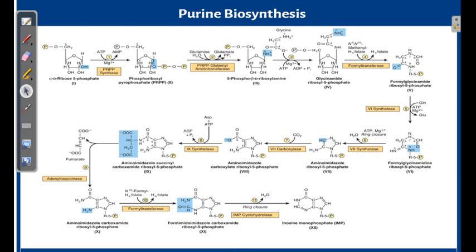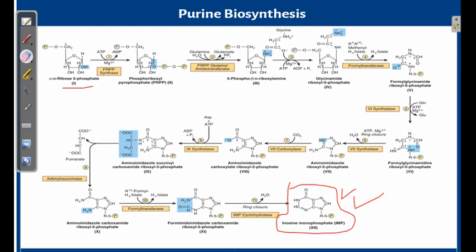As you see here, the starting material is ribose 5-phosphate, and by a series of enzymatic reactions it gets converted into an intermediate known as inosine monophosphate. Inosine monophosphate is a very important intermediate, which can further be converted into the required nitrogen bases.